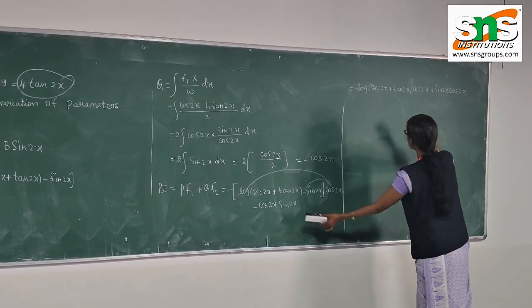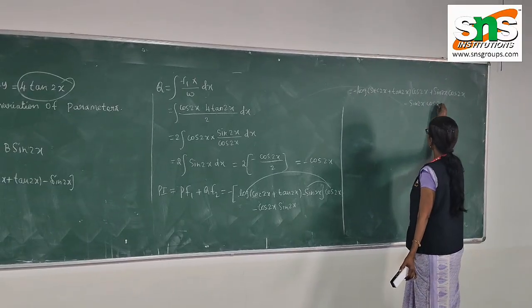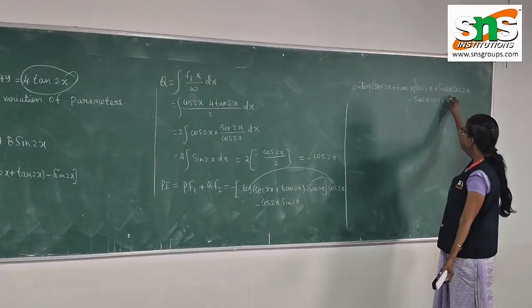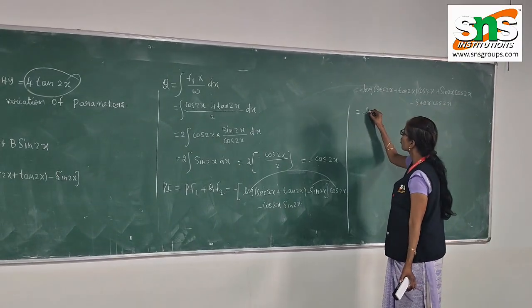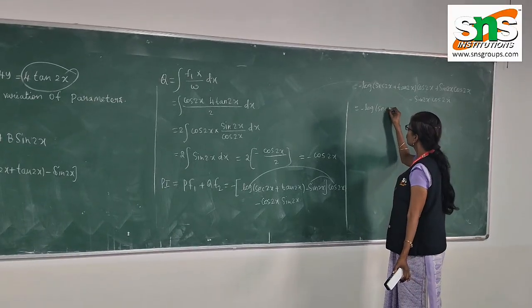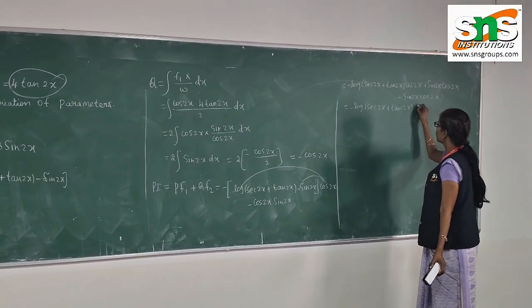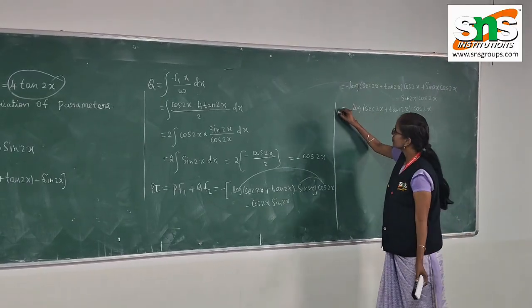And the third term is minus sin 2x cos 2x. Now check whether any term will be cancelled. The last two are cancelled. So the remaining thing is minus log of secant 2x plus tan 2x into cos 2x. So this is the answer for PI.